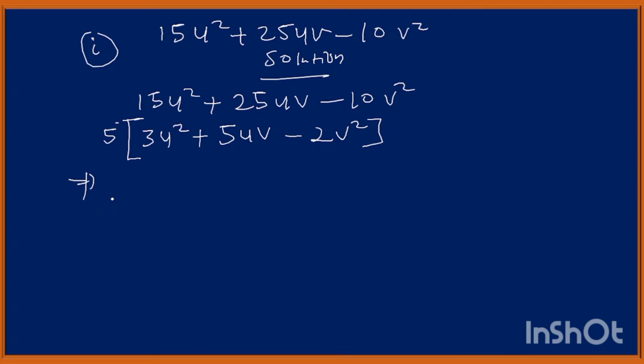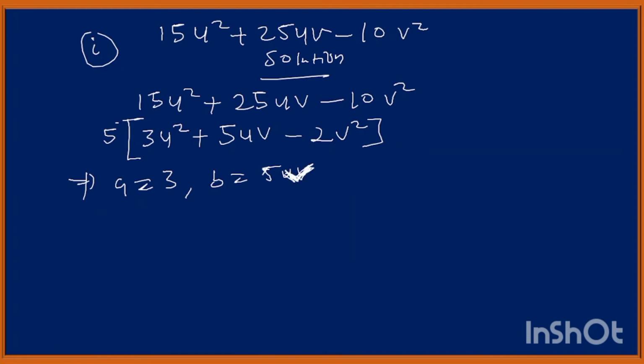factorize this particular equation. So we say our a inside of this, our a is what? Our a is 3, our b is 5v, because we are treating u as a constant.